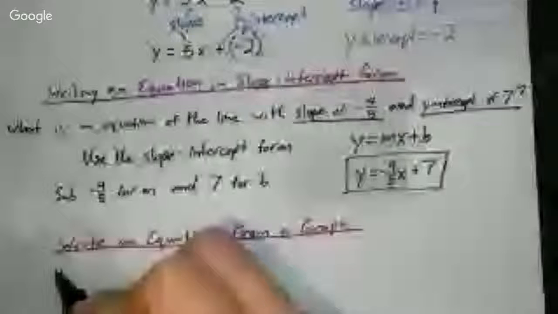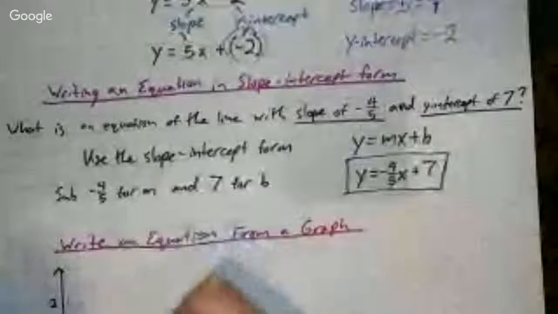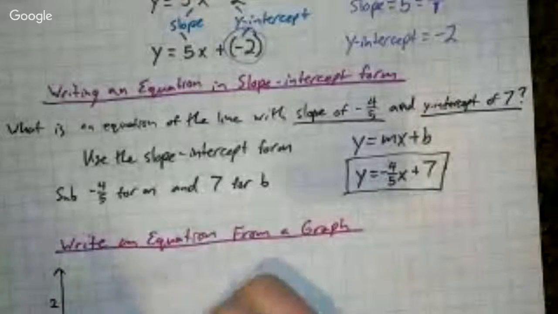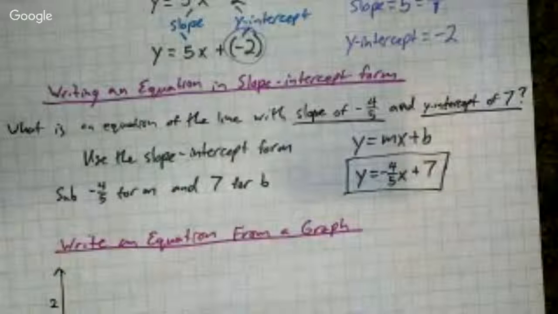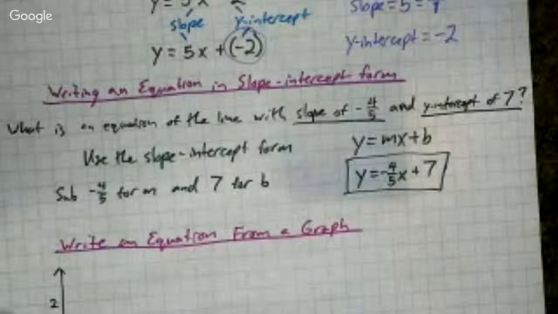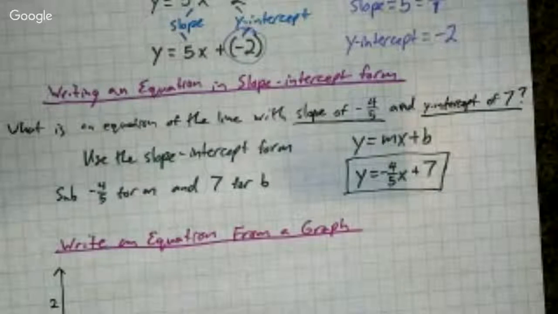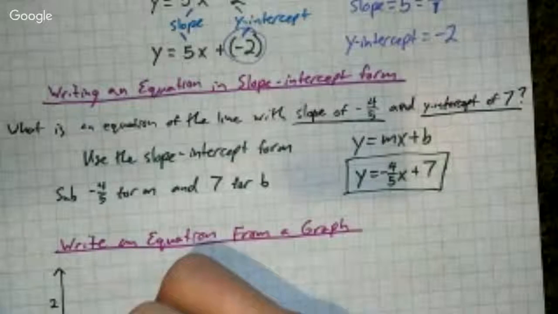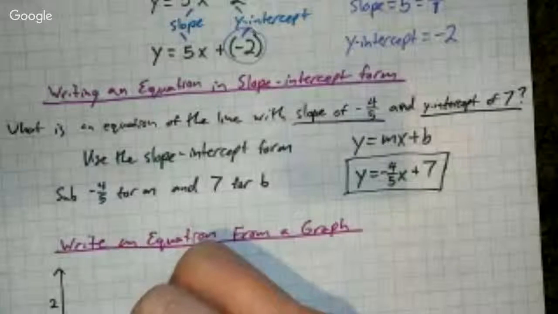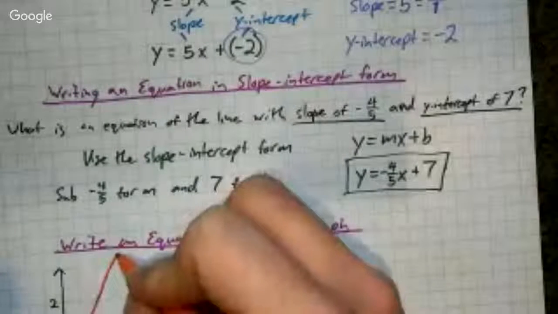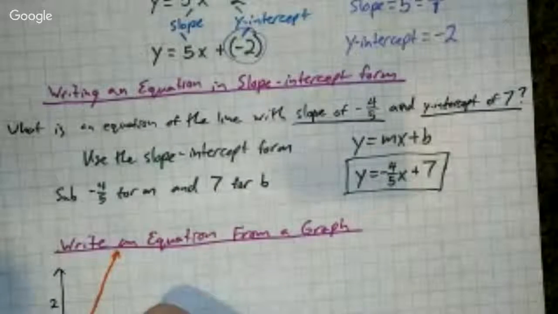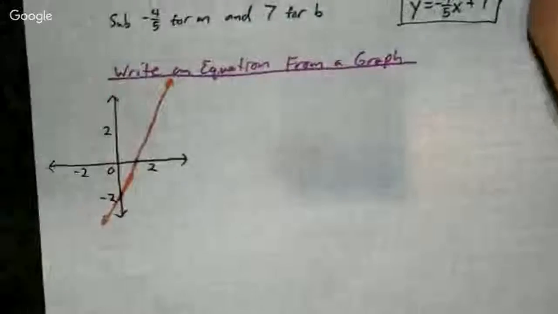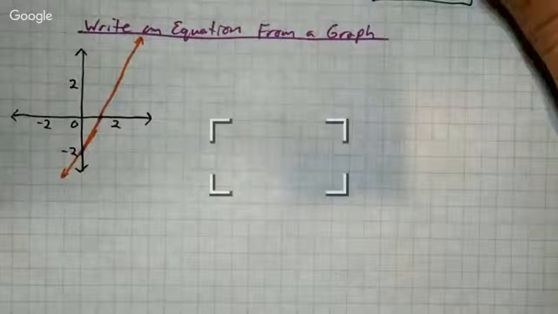Okay, I'm just going to label, there's 2, there's 0, there's -2, there's -2 over here, and there's 2 over here. Okay, and now let's say we had a graph going through here, here. Okay, so let's say, I know it doesn't look all that straight, but oh well, it's supposed to be straight.